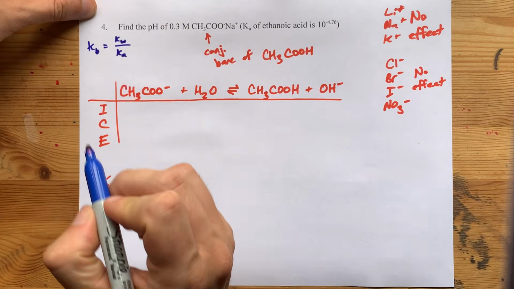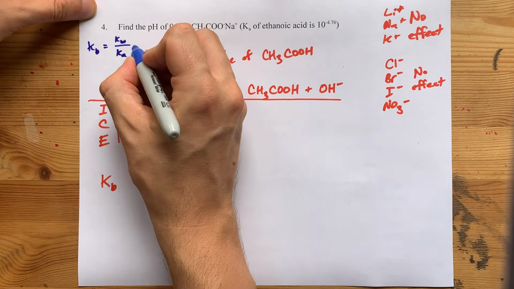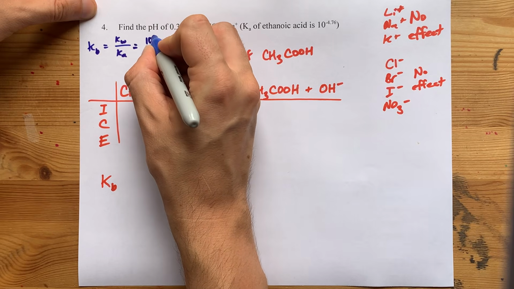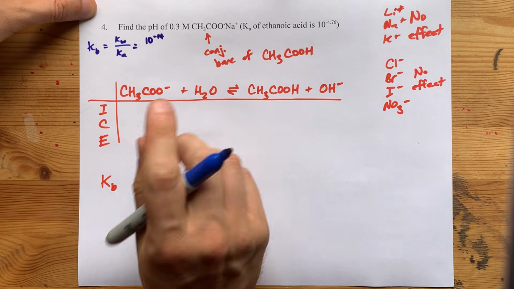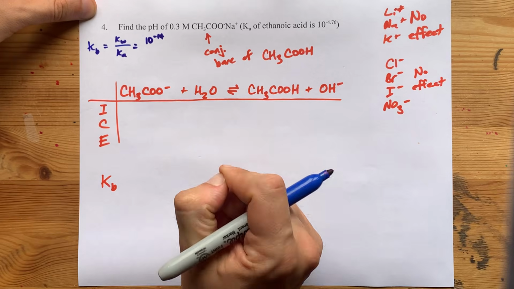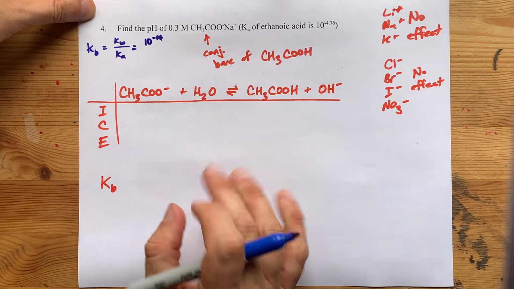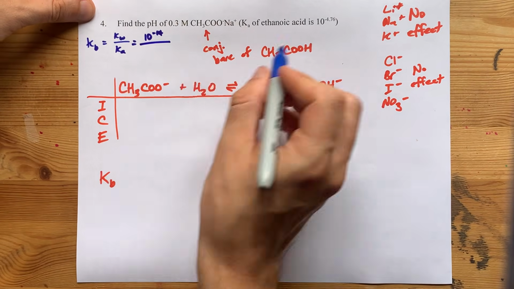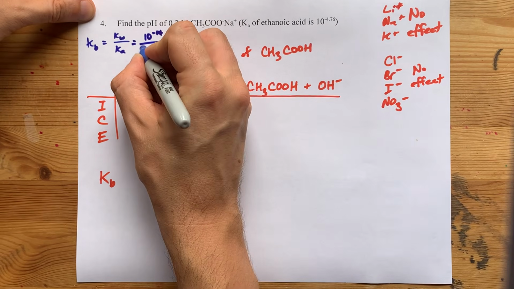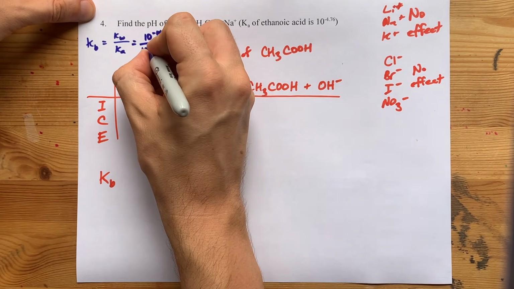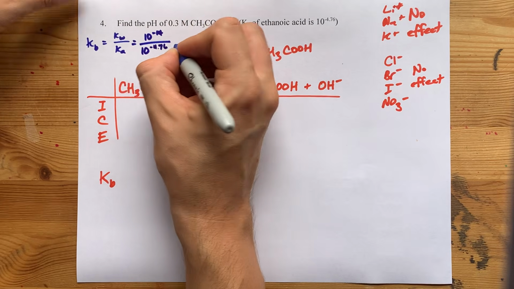Here, Kb is Kw divided by Ka. Kw is always 10 to the power of negative 14, or 1 times 10 to the power of negative 14, divided by whatever the Ka of the acid was. Here it's 10 to the negative 4.76.